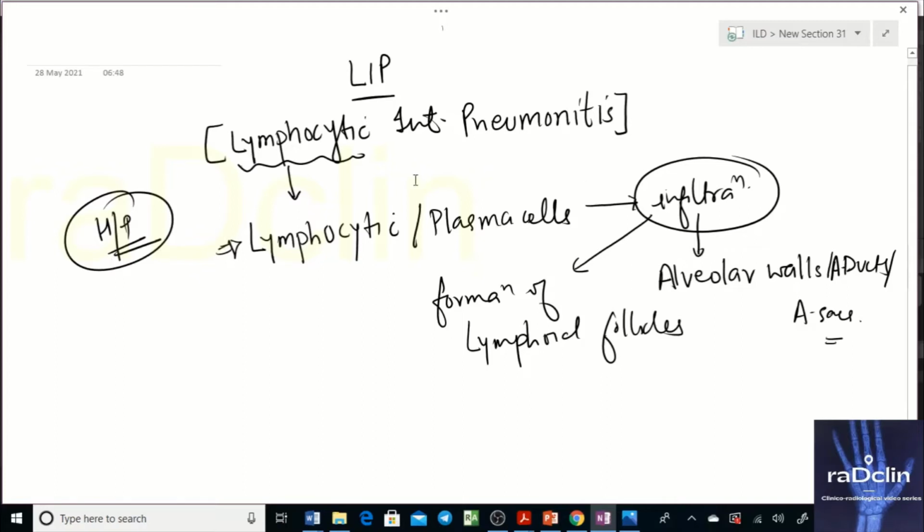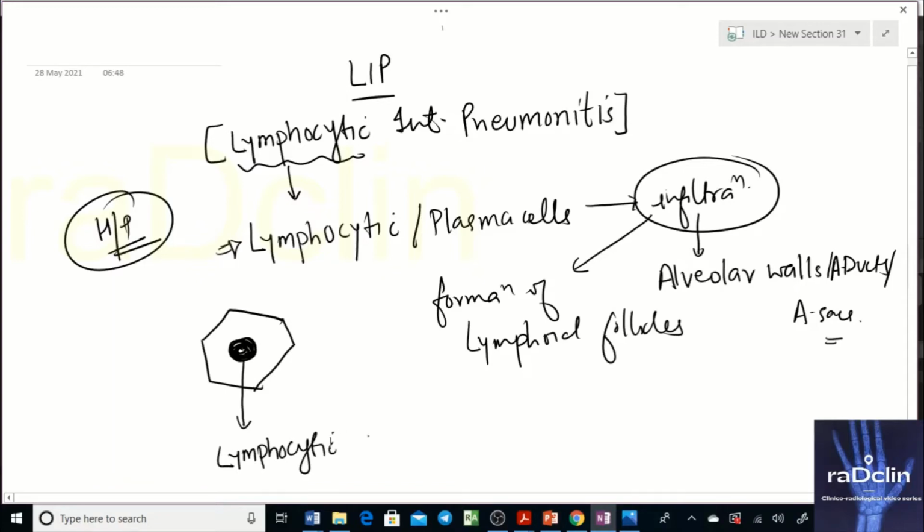Now on the basis of where the infiltration is going on, let's again look at the secondary pulmonary lobule. You have a bronchiole here, and air spaces surrounding the bronchiole. If the infiltration is around the bronchiole, that is typically airway involvement, or you can say there is lymphocytic bronchiolitis.